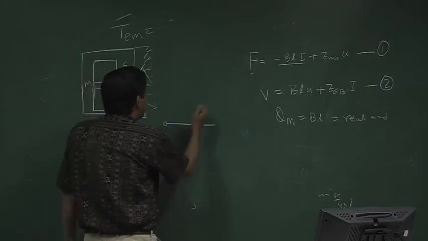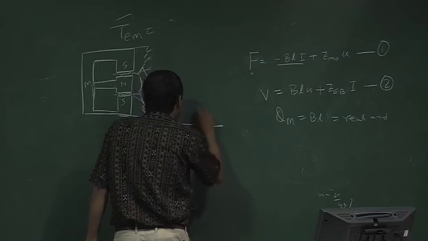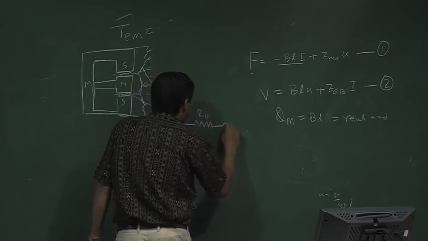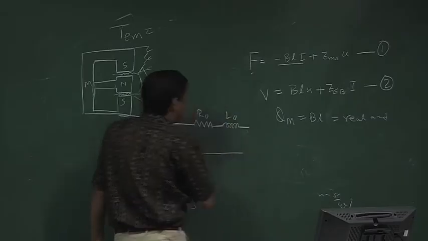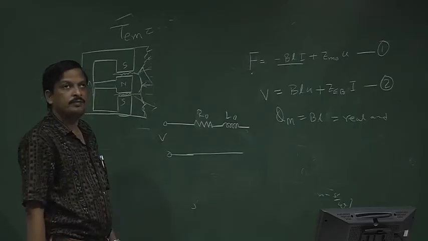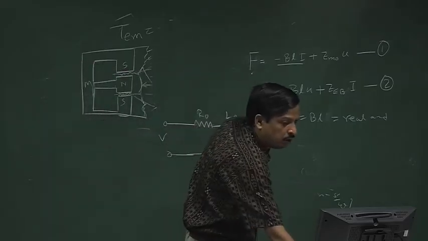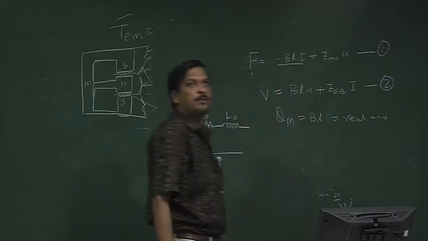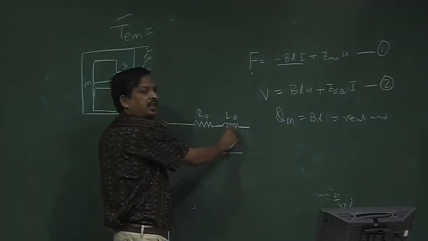Okay. Now, what is ZDB? It is nothing but R0 plus j omega L0, so R and L in series. Then the anti-reciprocal transducer equivalent circuit: phi square, if you see these slides, ZDB, R0 and L0 in series.